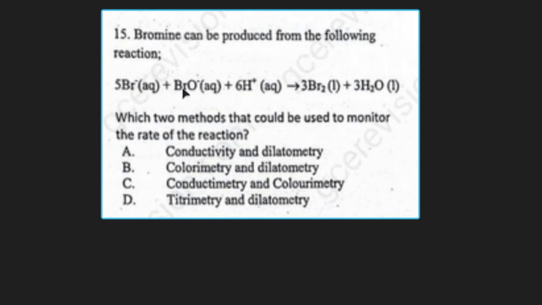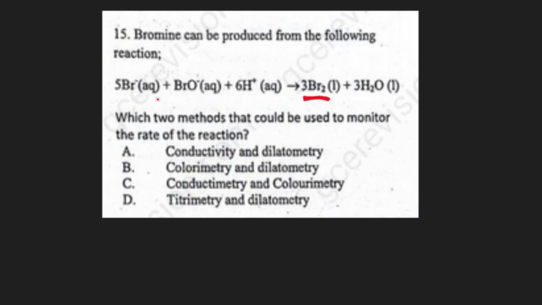We have the bromide reacting with the bromate to give us bromine and water. Which two methods should be used to monitor the rate of the reaction? Now, for you to identify a method that has to be used, you look at the expression and you look at what is changing, all the different reagents, products and reactants. If I look at bromine here, I realize that the color of bromine is reddish brown.